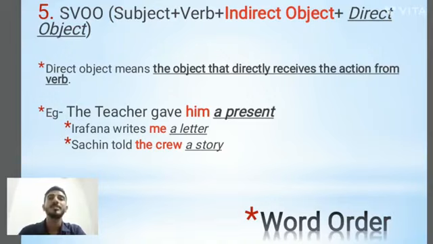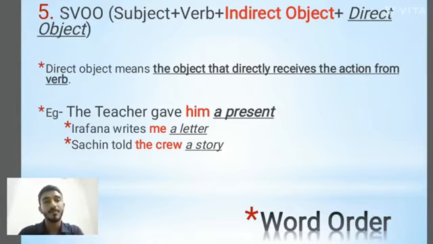If you want to understand this pattern clearly, you should understand the difference between indirect object and direct object. To clarify that confusion, I've included a small explanation over here. Let's try to understand with that explanation. A direct object is the object that directly receives the action from the verb, meaning the verb should have a direct connection with the object. So how can we identify that?